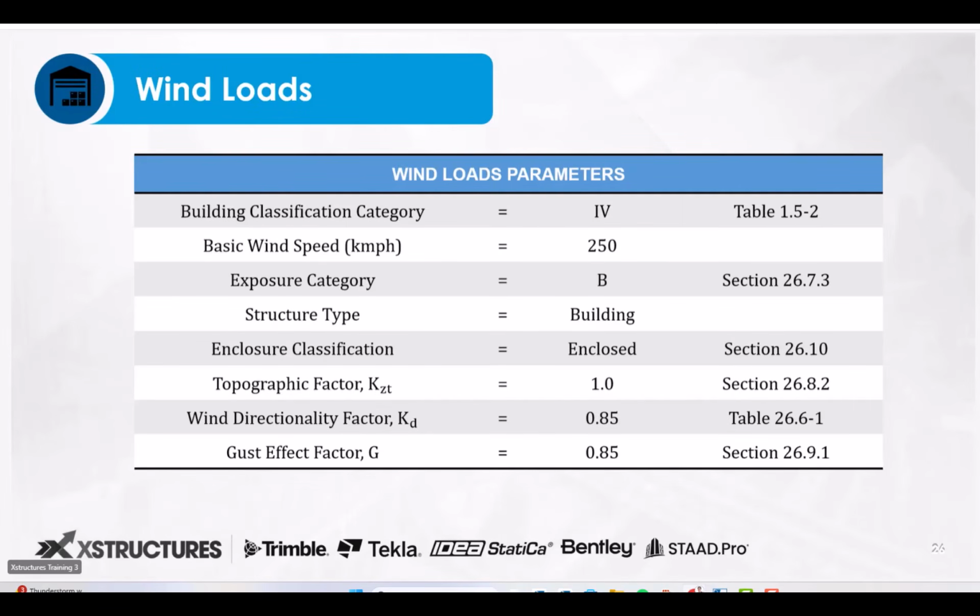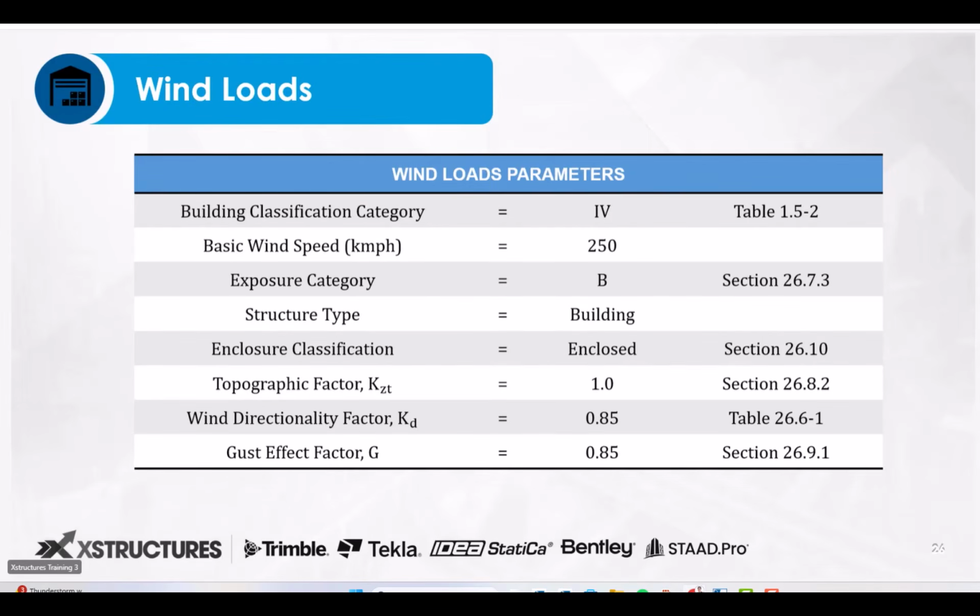For the topographic factor KZT, I assume it to be lying flat on the ground, meaning the value of my KZT will be equivalent to 1. And my wind directionality factor KD is equivalent to 0.85 for building structure. Not to mention that the value of KD is also equal for both MWFRS and components and cladding.